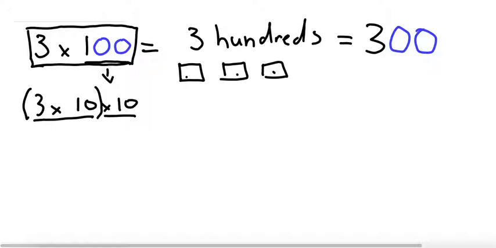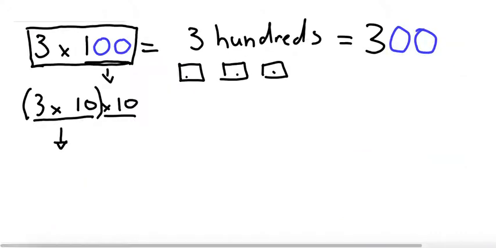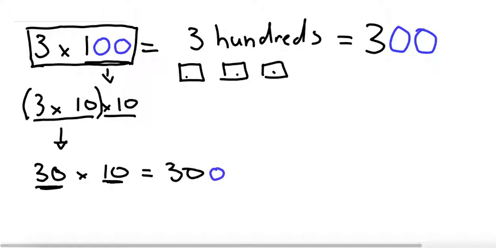So if we go ahead and work out 3 times 10, using what we know now about multiplying by 10 and adding a 0, well, 3 times 10 is 30, and then 30 times 10, once again, we're using what we know about multiplying by 10, adding a 0. We'll keep the same number and add a 0 to the end.